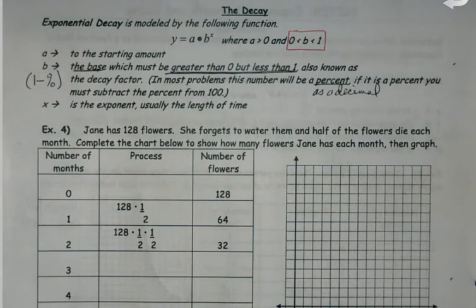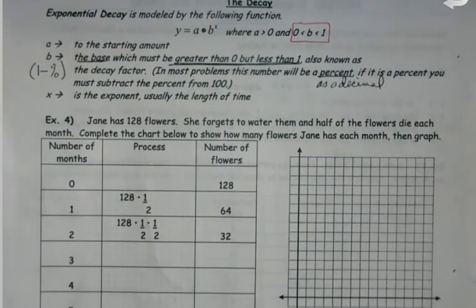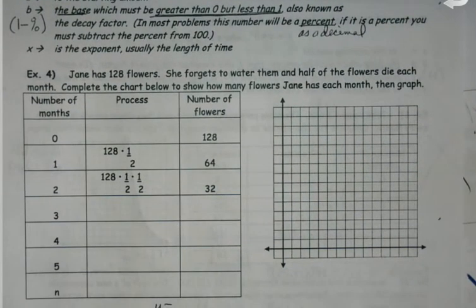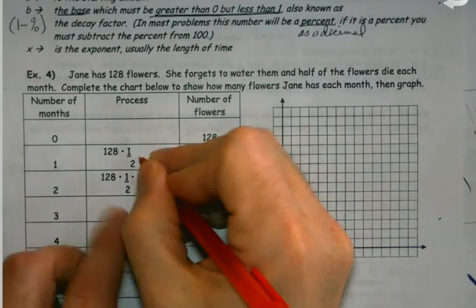Okay. So I look and I go, okay, let's see how this works. Jane has 128 flowers. She forgets to water them, and half of the flowers die each month. Well, that's not very good. Complete the chart below to find how many flowers Jane has each month, and then graph. So notice now instead of multiplying by 2, we're multiplying by a half.